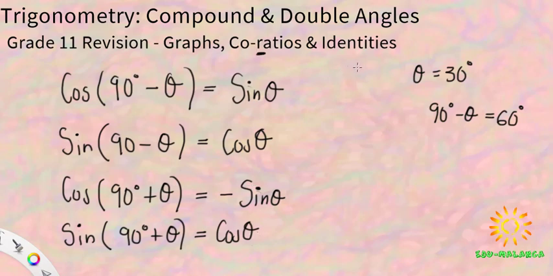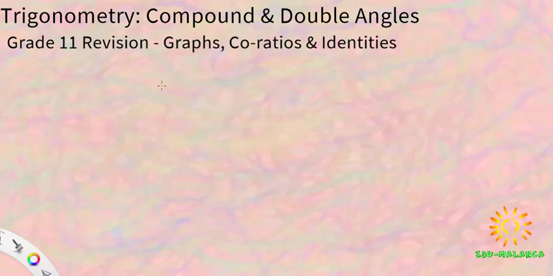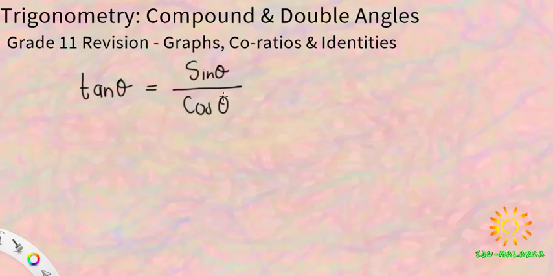And the last thing we will revise today are trig identities. I'm not going to derive them. I'm just going to write them down because it's important that we know them. They also help us to work with trig equations. And the first identity we've looked at in previous videos, it's that the tangent of theta is equal to sine of theta divided by the cosine of theta.